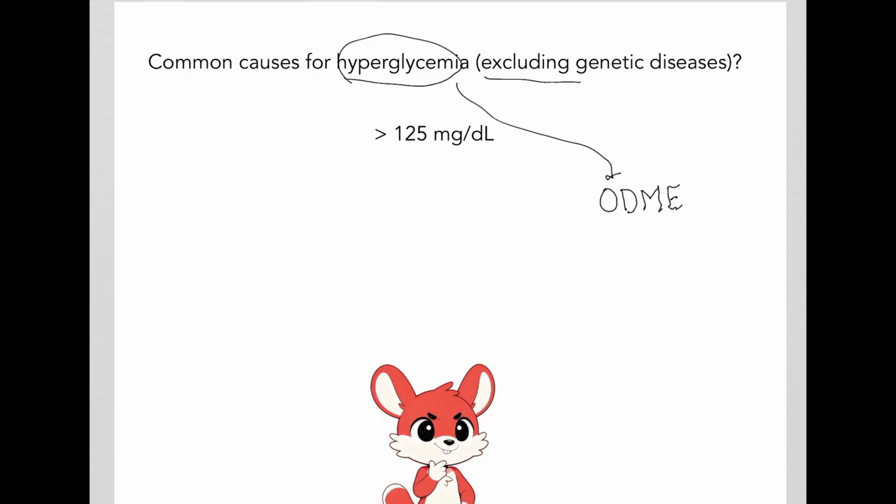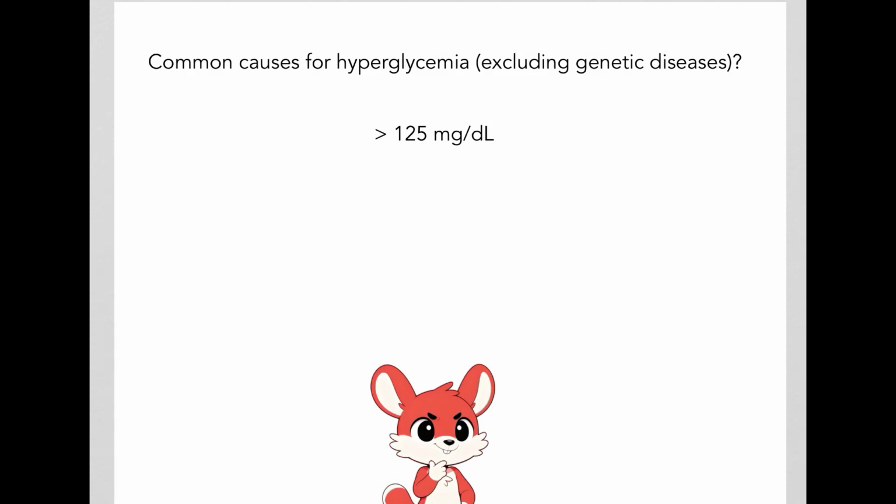We are not going to talk about genetic diseases that can cause hyperglycemia. We will leave this part for future videos on genetic diseases, because a discussion on genetic diseases is yet another way of connecting biochemical concepts with other medical science concepts. So we'll leave this for future videos.